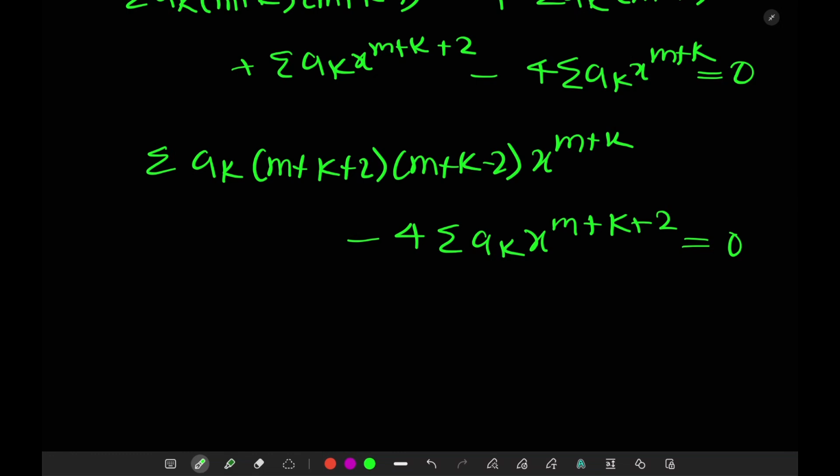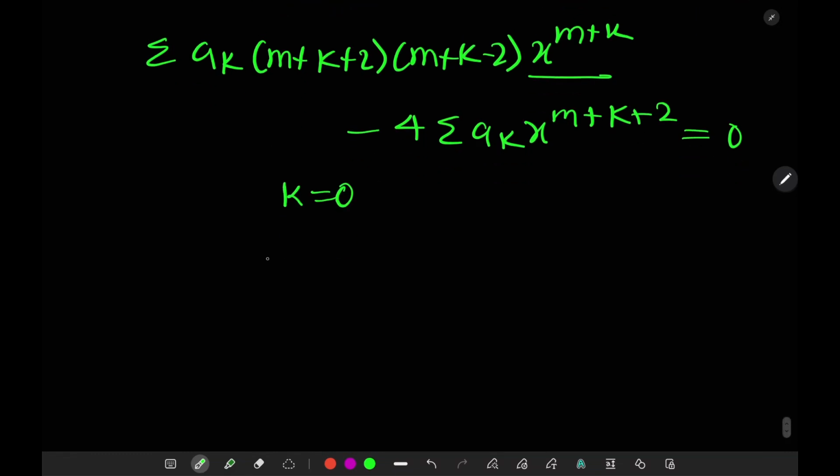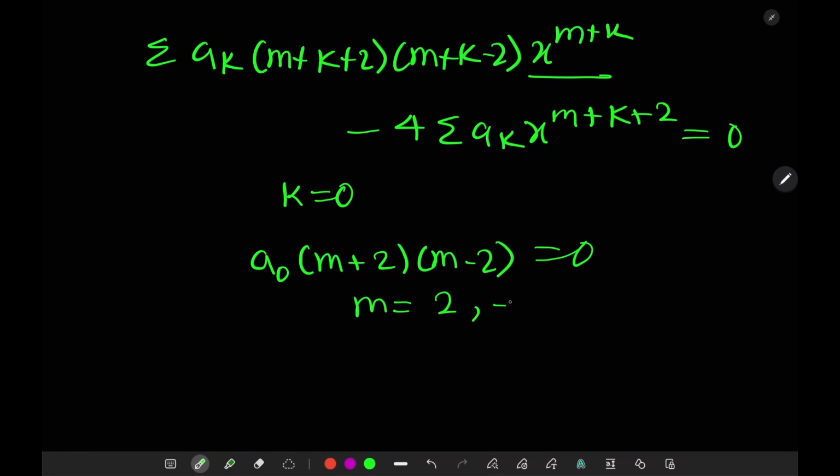Now similarly we need to find the lower power of x. Here this is the lower power of x, so we put k equal to 0 in the first summation. We get this. Now m equal to 2 and minus 2 comes.